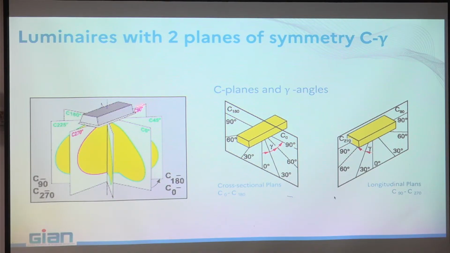One is the cross-sectional, and the other is the longitudinal plane. Why are there planes? Because you have this side and that side. If your fixture is symmetric, this part is the same here or here. If your fixture is not symmetric, it may change, and those planes we call C0 and C180, and C90, C270.